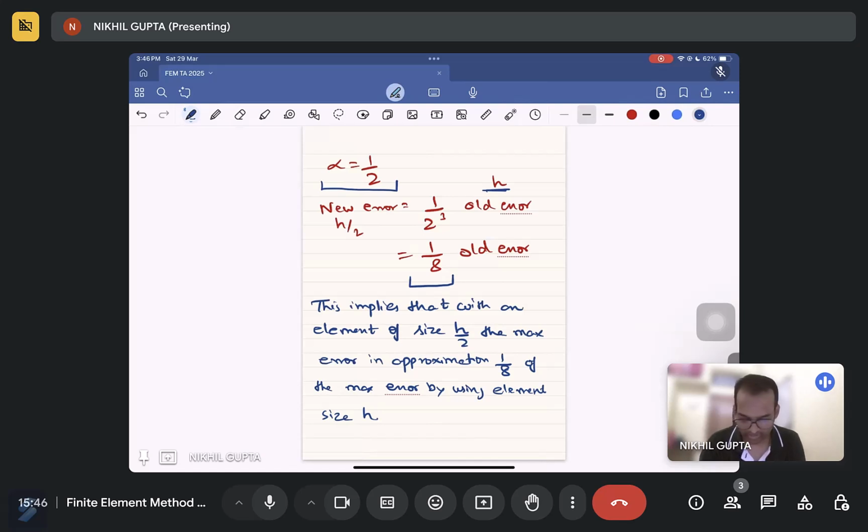Then I can summarize that the rate of convergence is of order 3. So whenever someone asks you how to improve the solution, you directly say that we can reduce the element size. So you can now quantify it also. You can directly say that if you are reducing it by 1 by 2, the error will be reduced by 1 by 8. Okay.